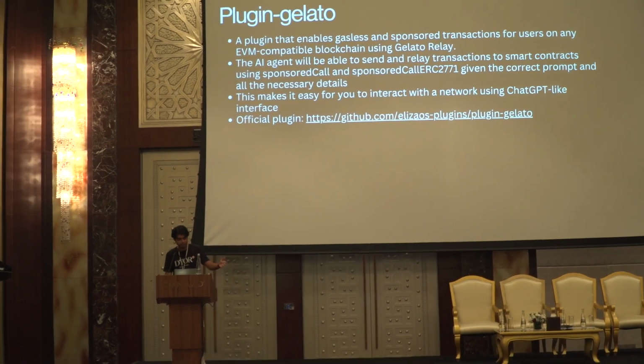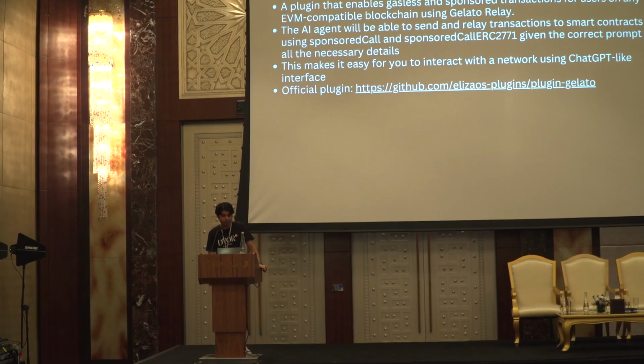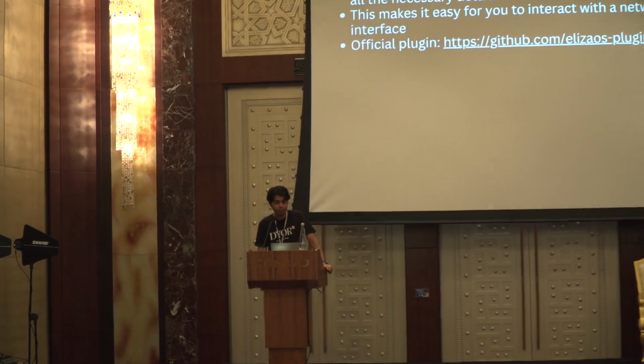You can check it out at the GitHub link as well, which is elizaOS/plugin-gelato. Pretty much what this plugin will enable you to do is enable your agents, let's say, in your case, your agent that's going to be making transactions, to gaslessly send transactions for your users or for the agent itself, right, onto any EVM-compatible blockchain using Gelato Relay.